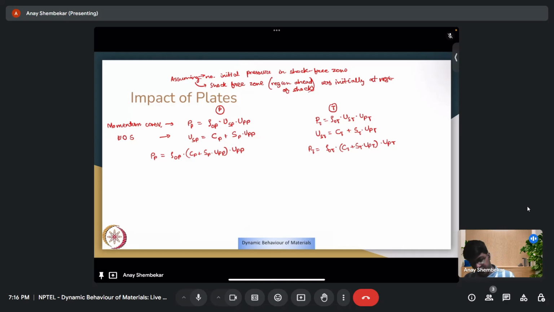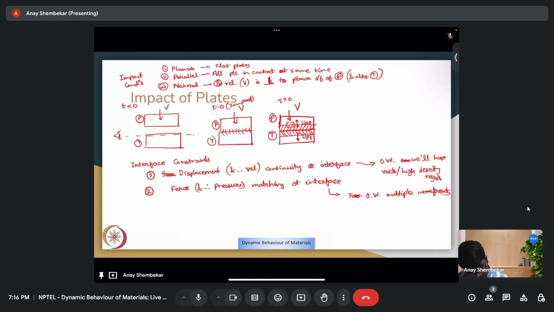Now we make use of the interface condition. Condition 1 gives us that the velocity at the interface has to be the same. If we look in the projectile, that velocity would be going downwards with V minus UP projectile, and for the target, the velocity would be UP target.